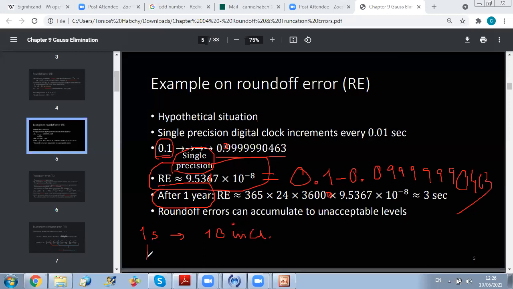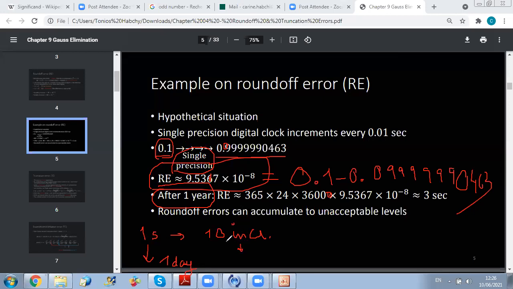Therefore, if I want to compute the number of increments in 1 day, I should multiply. After 1 year, first I convert to days, then I should multiply by 365. In 1 day, I should multiply by the number of seconds.